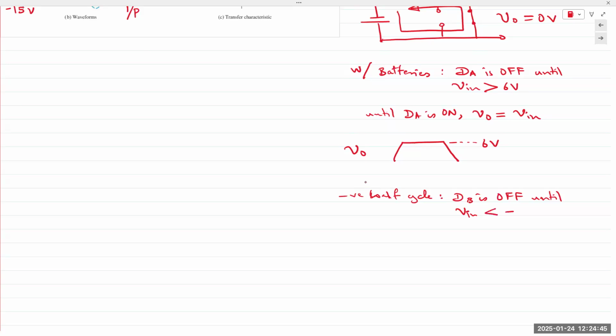V in goes less than minus 9 volts. And until that happens, output follows input. And so we obtain V out as a clipped form of the input voltage V in.